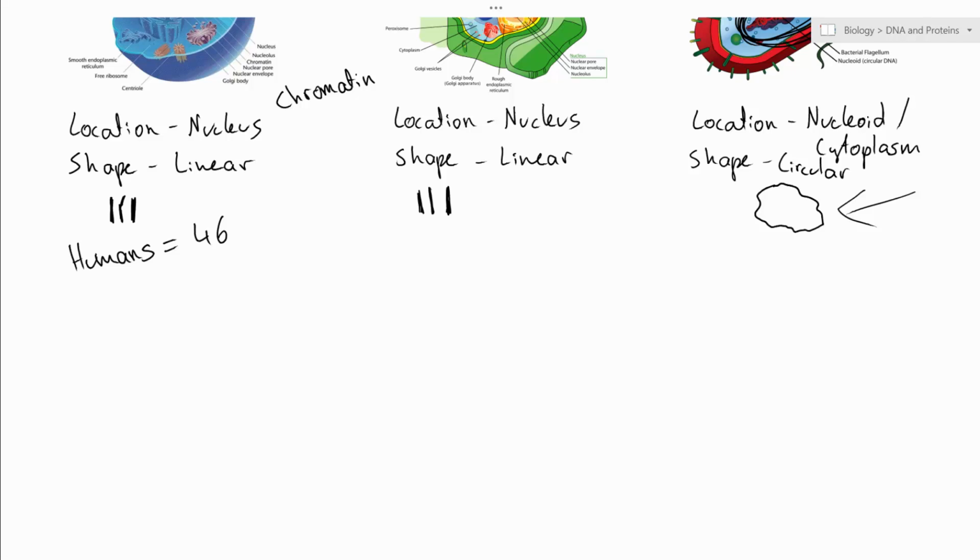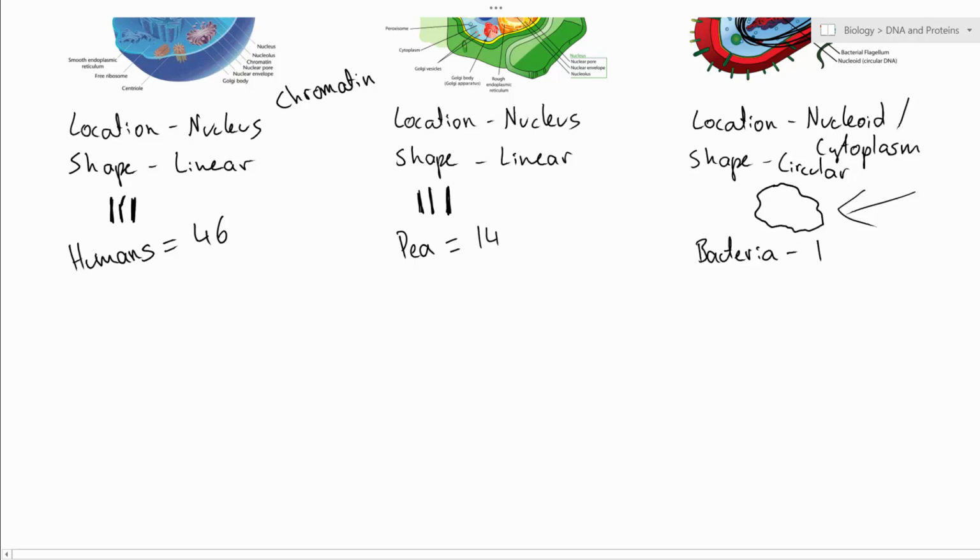To look at a prokaryotic organism, a bacteria, the number of chromosomes they're going to have is only one, because they have that one circular looped chromosome, as opposed to a number of linear ones, like humans who have 46 linear chromosomes. And then, for a plant example, something like a pea, despite having a very similar shape and structure to their chromosomes as animals, peas are going to have only 14 chromosomes.